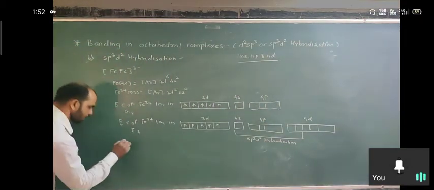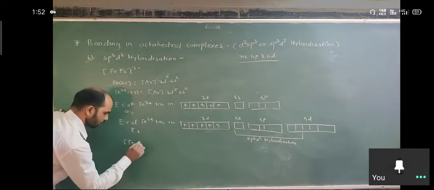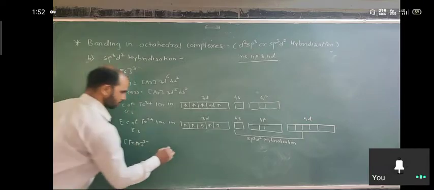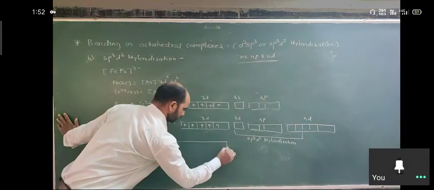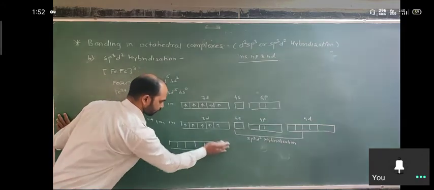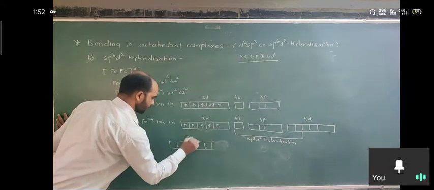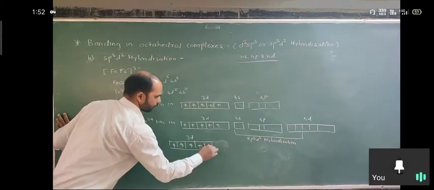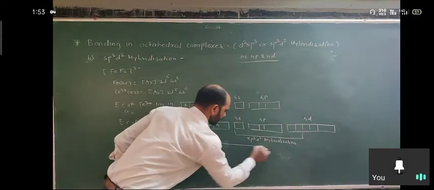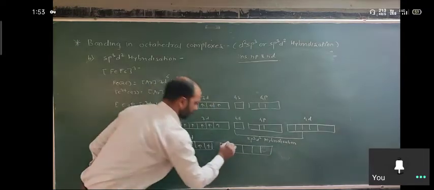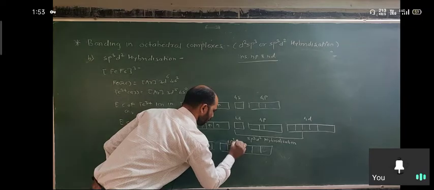For this complex, FeF6 3-, the 3d has 5 electrons, and the set of 6 is here. We call them sp3d2 hybrid orbitals.